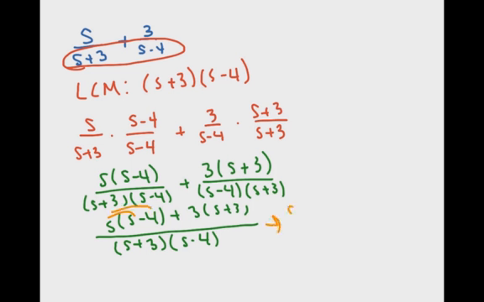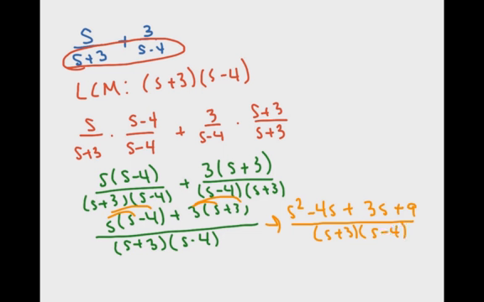So we have s squared minus 4s plus, distributing our 3, 3s plus 9 over s plus 3 times s minus 4.